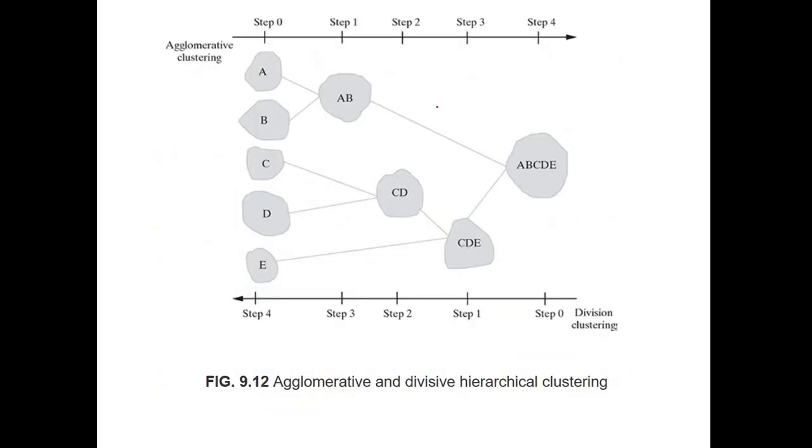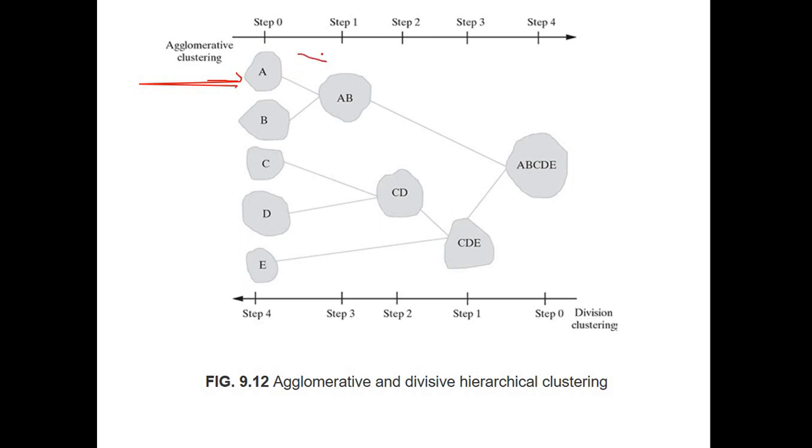So let us see the visual representation of agglomerative clustering. In agglomerative clustering, it is a bottom-up approach. It starts with each object as a single cluster, and then see here, A, B are the single objects in the cluster, C, D also single elements in the cluster, E also in a single cluster.